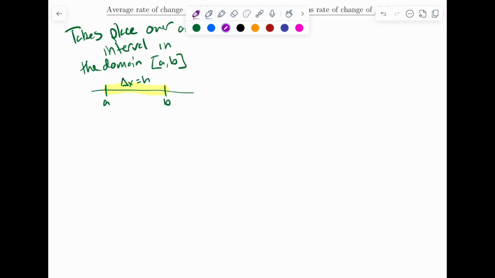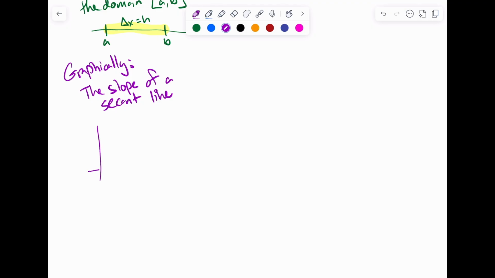Graphically, we could think of this as the slope of a secant line. Remember, a secant line is a line between 2 points on our graph. So we could draw the points on the graph corresponding to x equals a and x equals b, and connect those with a secant line. And the average rate of change is the slope of that line.